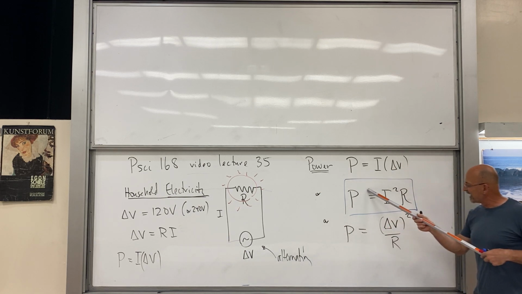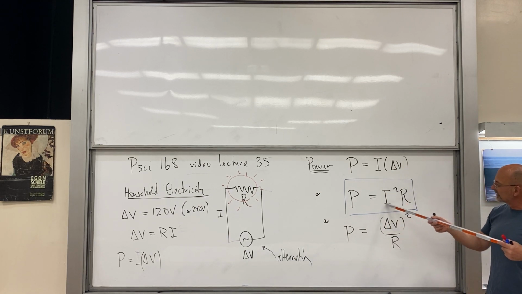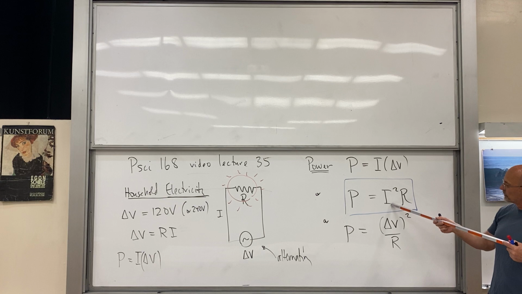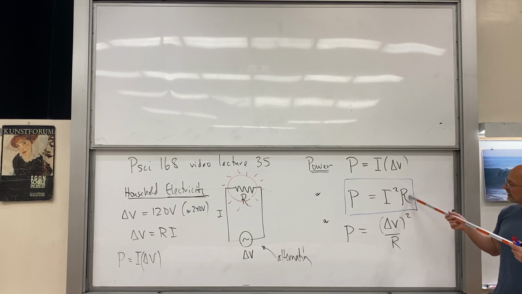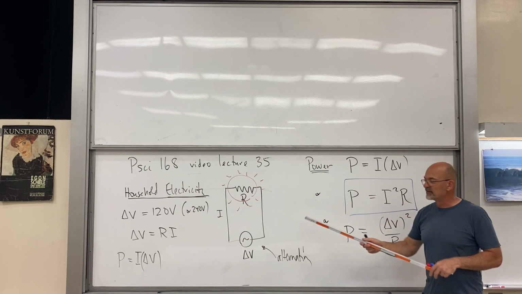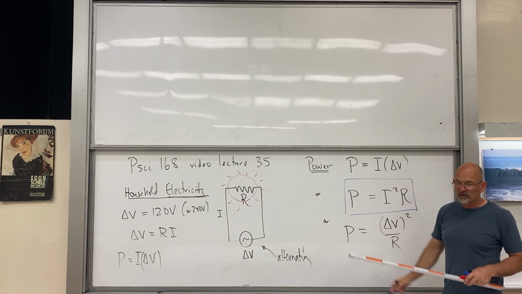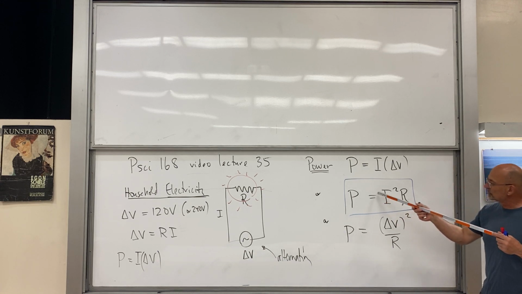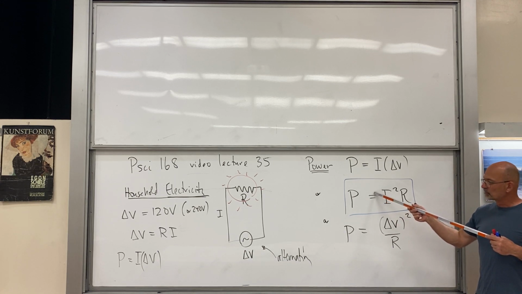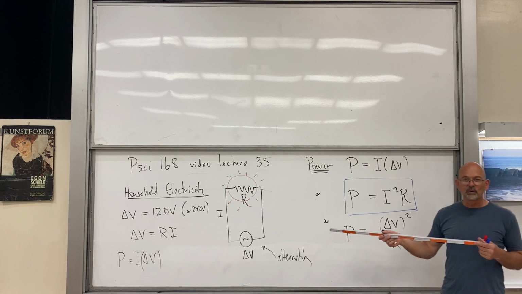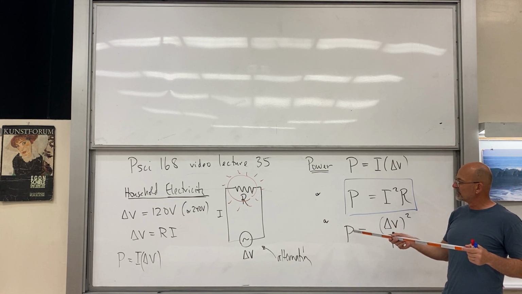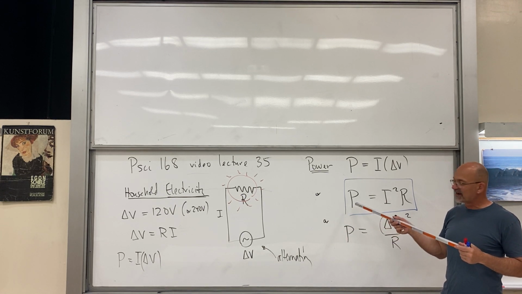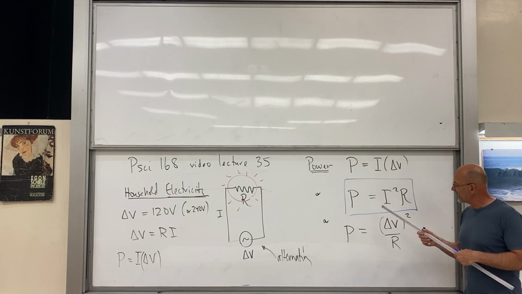In that case, I've got current squared times the resistance of the wire on both sides. So there would be more than one power contribution. This heat contribution here is really wasted energy that we're trying to avoid. But in some way it's unavoidable, and it's the kind of thing we want to minimize.